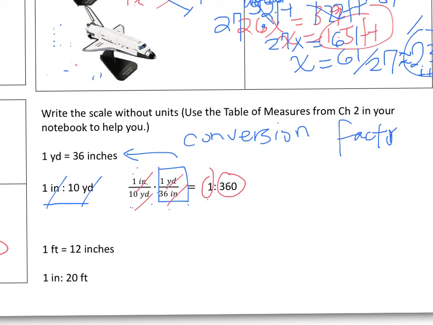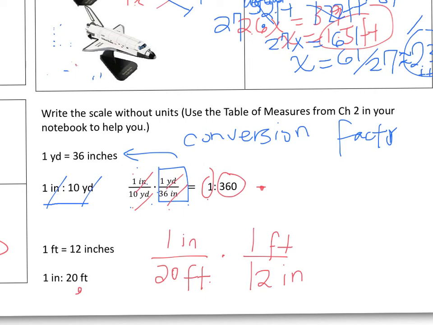Here you see I don't have to write my scale with units. The same thing would go for this problem. 1 inch to 20 feet. I just have to multiply that by 1 foot over 12 inches.